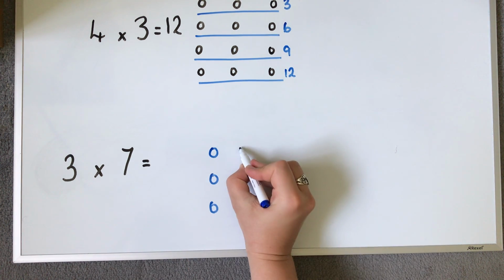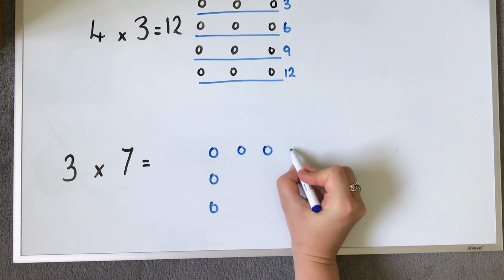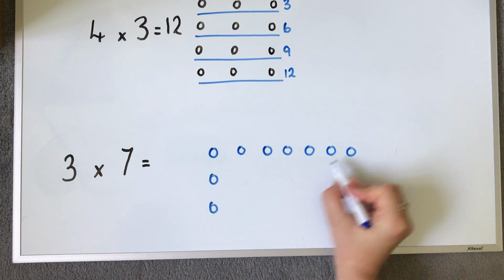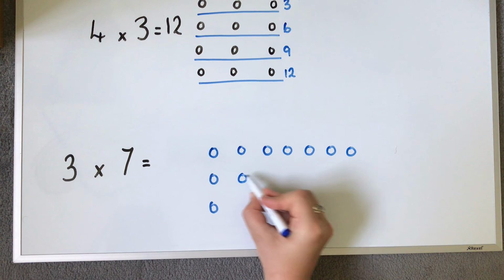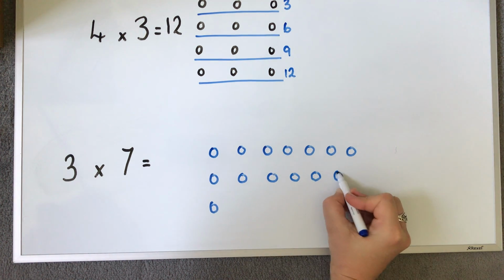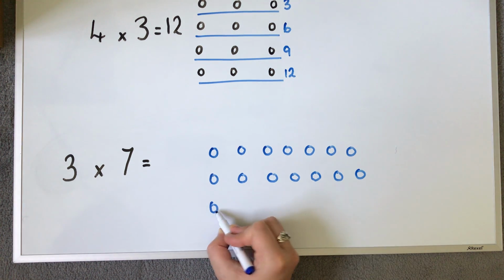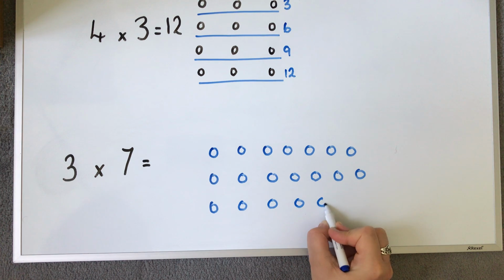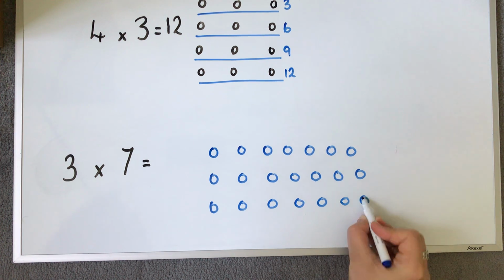So 1, 2, 3, 4, 5, 6, 7, in each of the three rows.